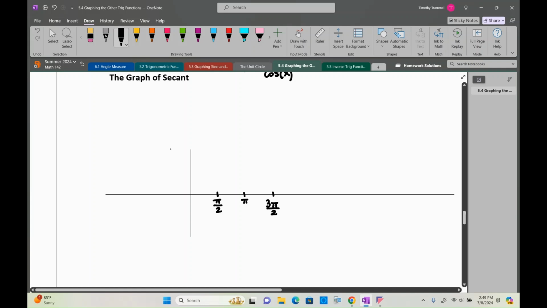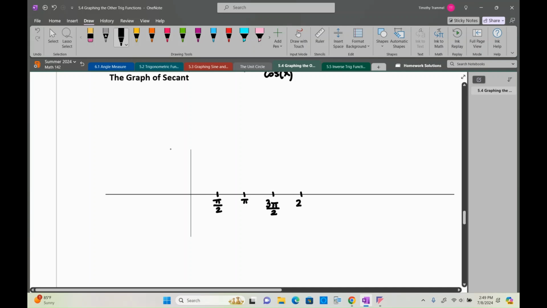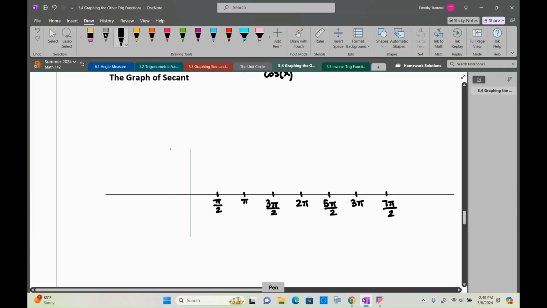And I think I'll graph this all the way to 7 pi over 2. Let's do that. And on the other side, I'm going to go to minus pi. There we go.